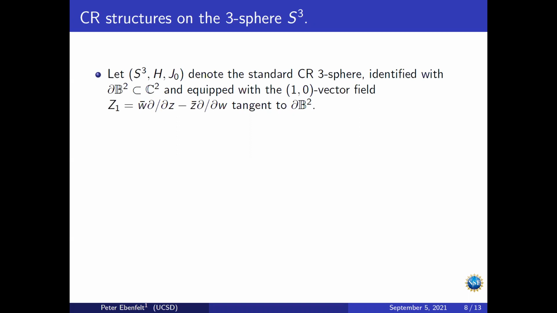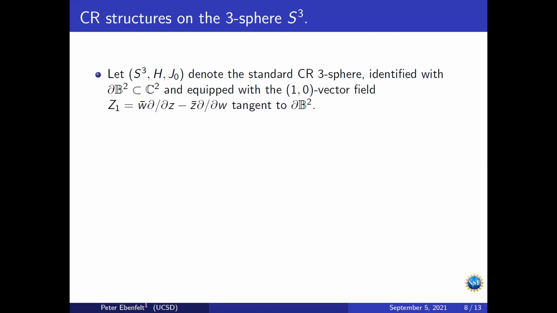It's not really going to play a role in this talk. So just briefly, the H here refers to the contact distribution, the standard contact distribution, which is the rank 2 subbundle of the tangent bundle. And J0 is the corresponding CR structure or complex structure on H.